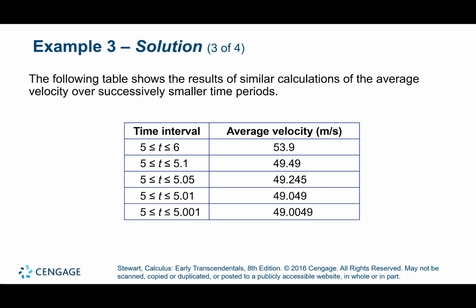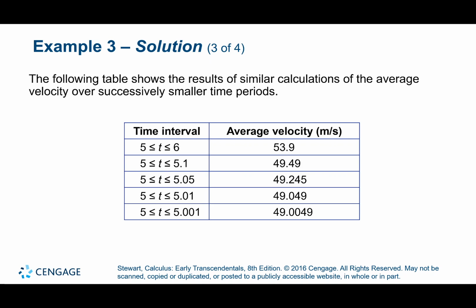Here we can do the same thing with our time intervals. So here we're figuring out our average velocity over the time between 5 seconds and 6 seconds. Or we can do between 5 and 5.1, between 5 and 5.05. We can get as close to 5 as we want to, and then we can observe the pattern that's happening with our average velocity.